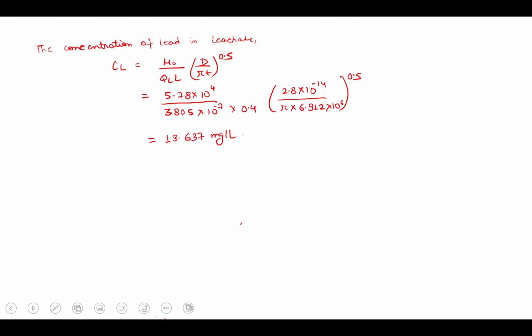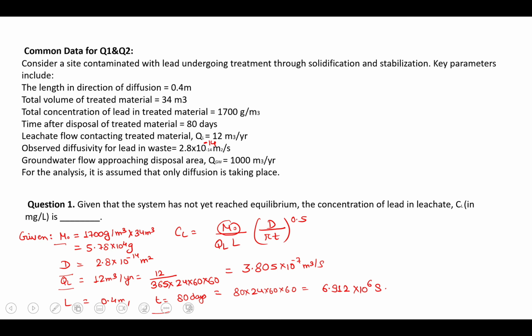Okay, no problem. So here what we have done is we have converted all the values which were given into SI units. We have found the mass in gram. We have converted the leachate flow rate into meter cube per second, as it was given in meter cube per year.